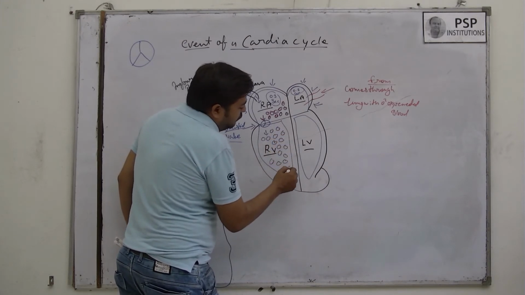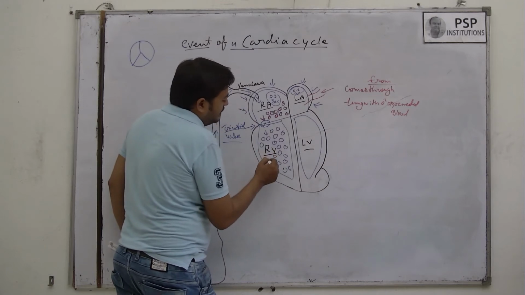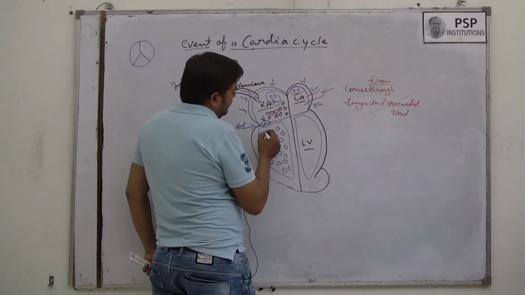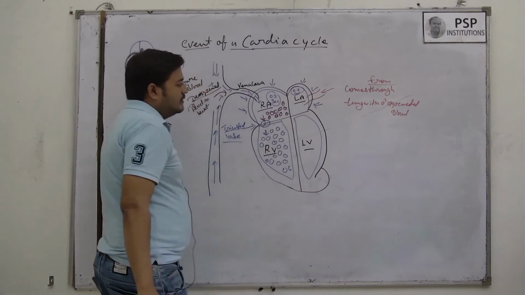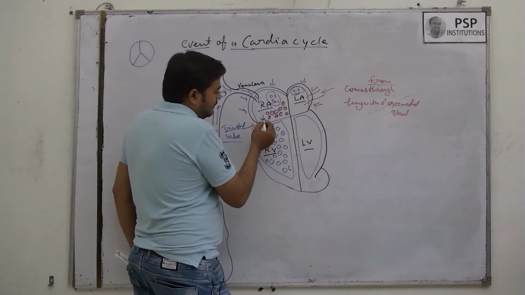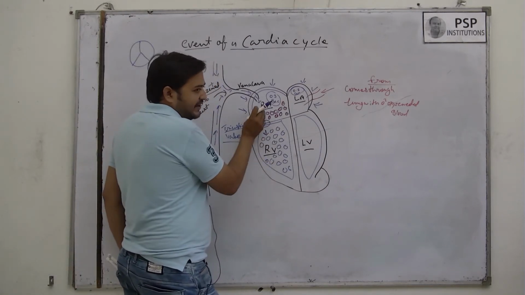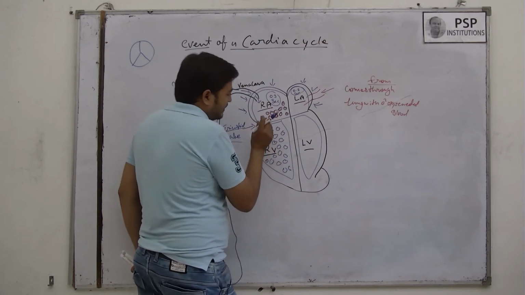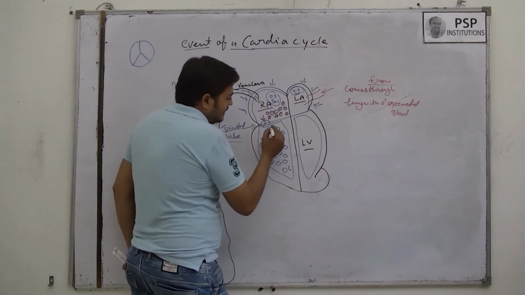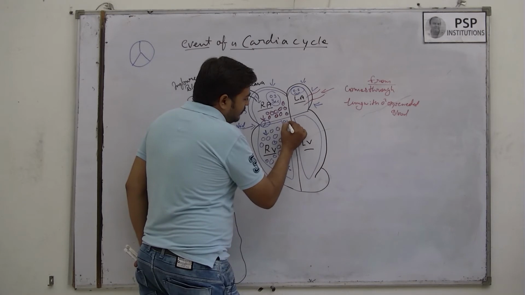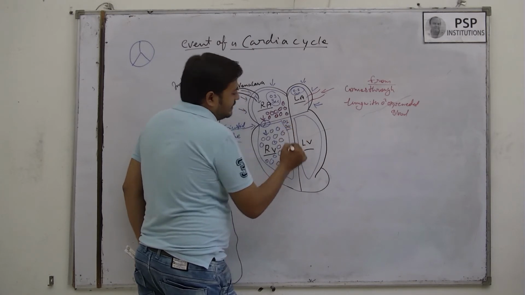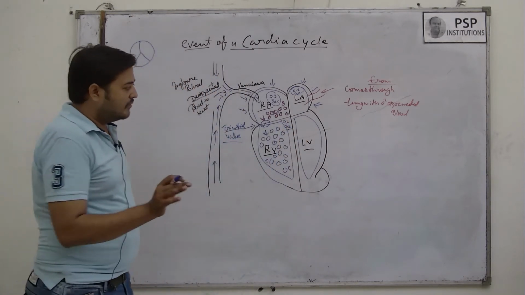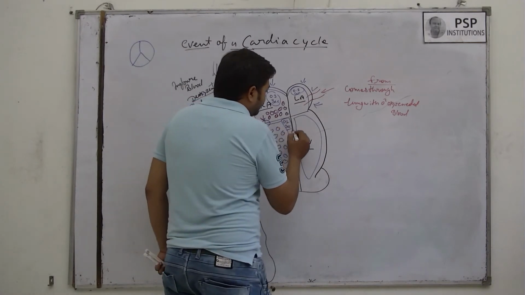The right ventricle fills with blood. That is the time when blood flushes from the right atrium to the right ventricle. That time is 0.1 second. How much time? Only 0.1 second.